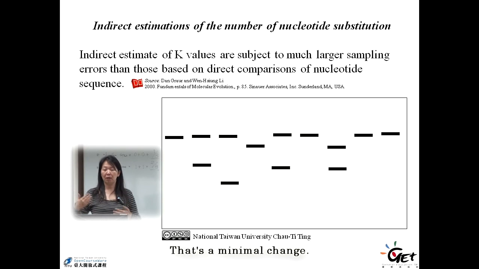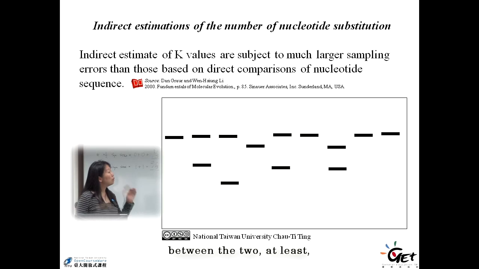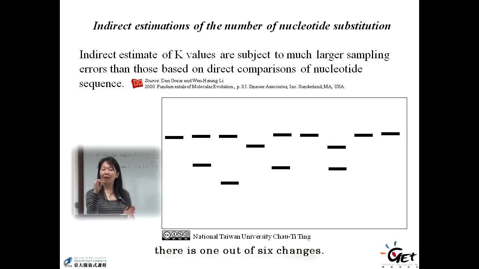That's a minimal change. So then you can say, okay, between the 2, at the least, there's 1 out of 6 changes at that position. You only sample 6 nucleotides and you observe 1 change.